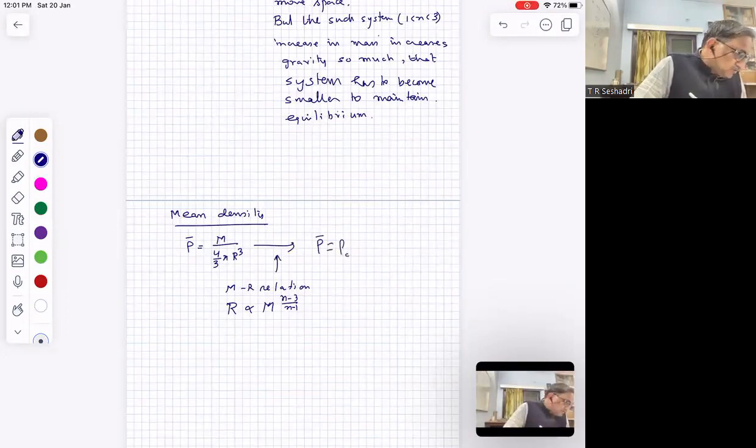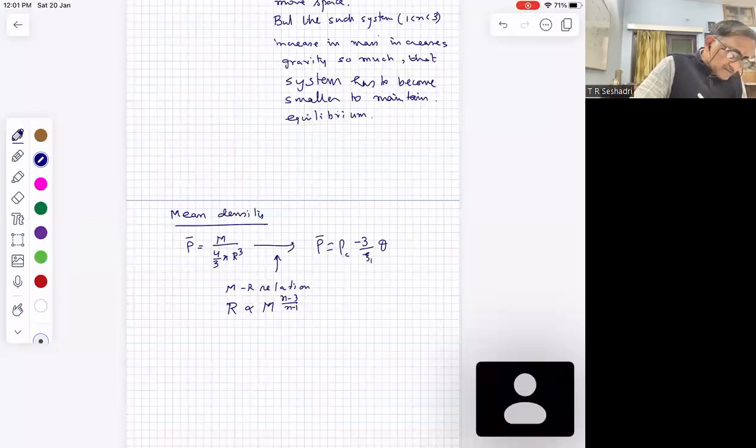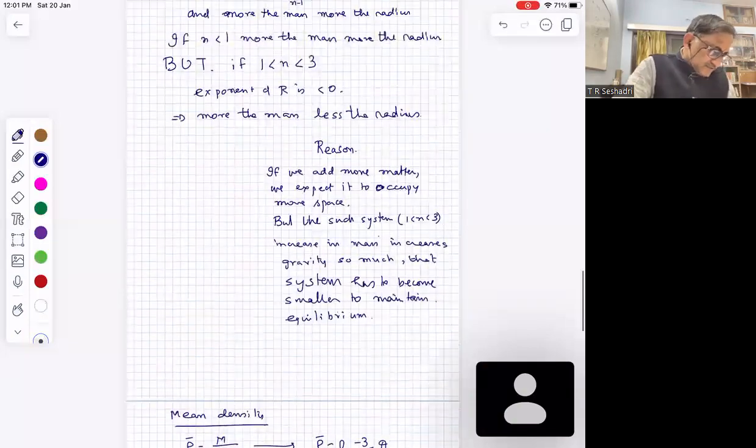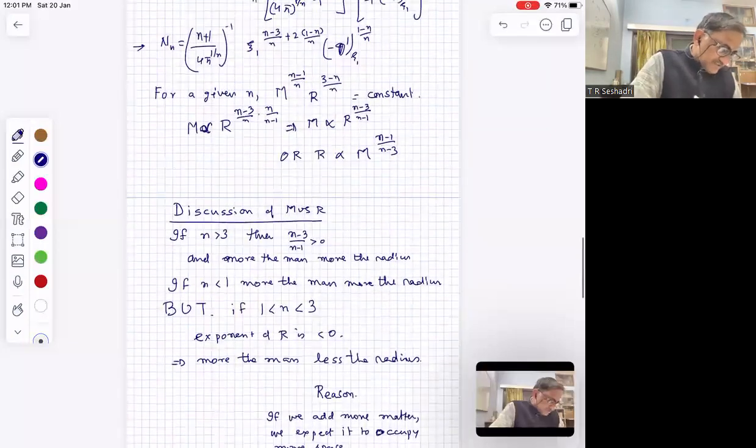I will get rho bar to be equal to rho c times minus 3 by xi1, m power n minus 1 by n minus 3.